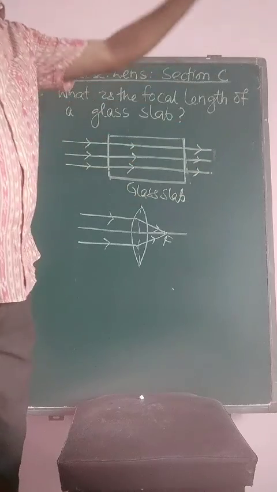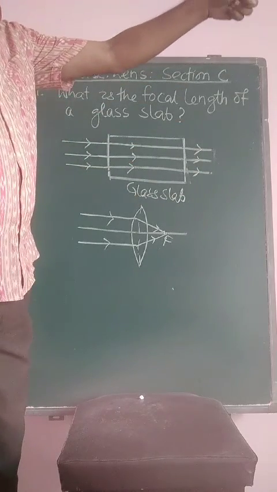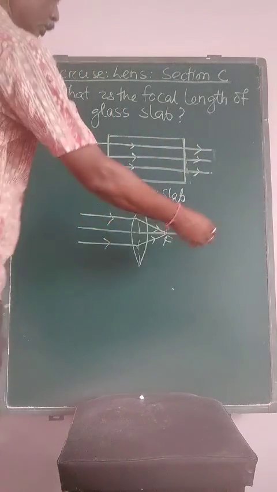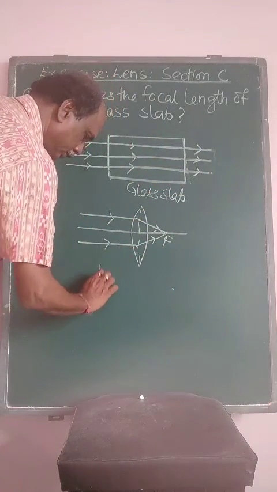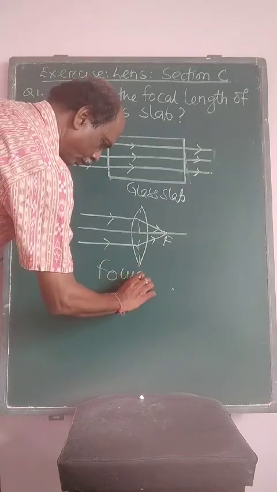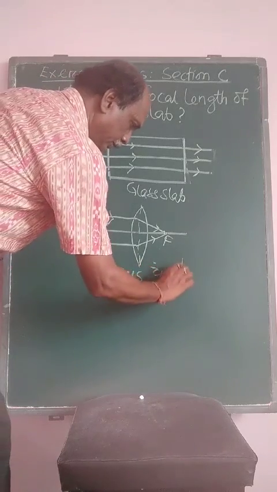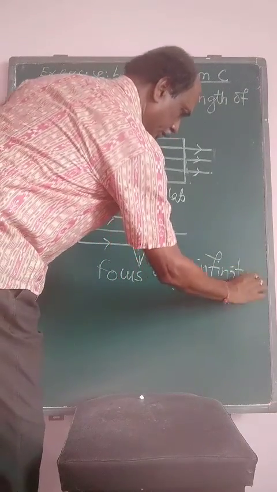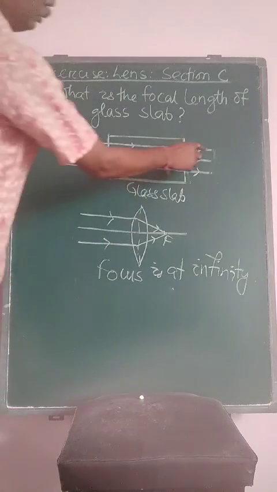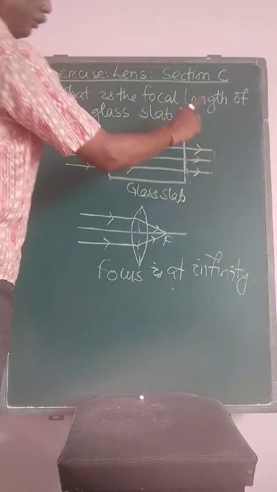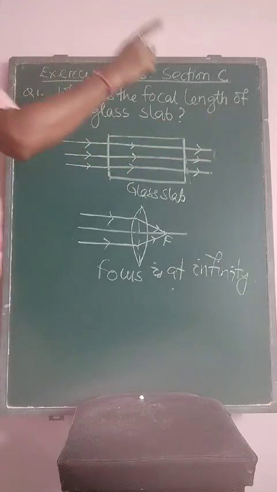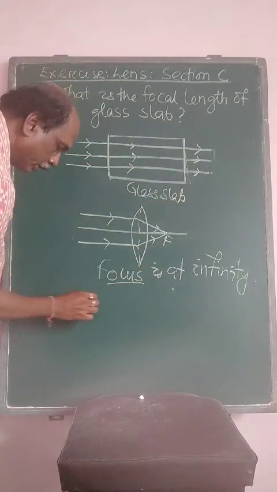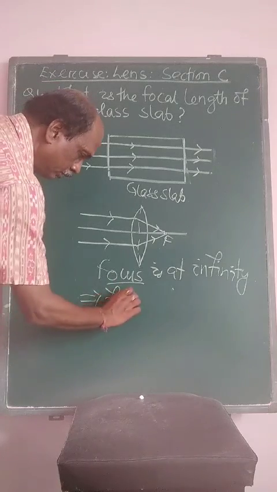Rays are parallel means they will meet at infinity. That focus is at infinity. These three rays are parallel, they will meet each other at infinity. So focus is at infinity, that is, the focal length is infinity.